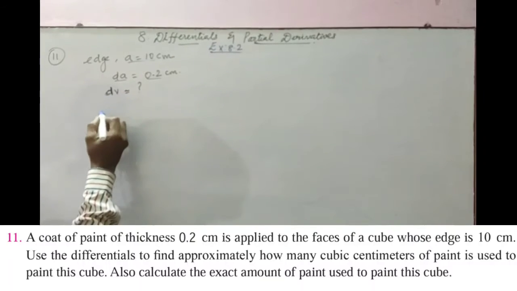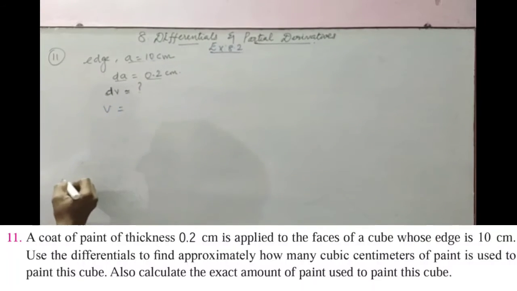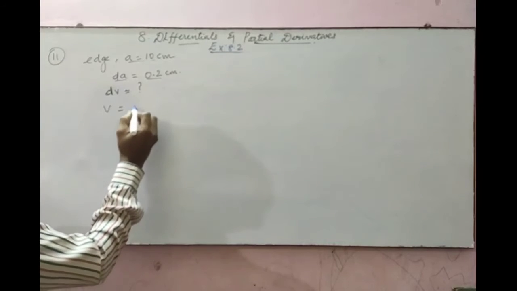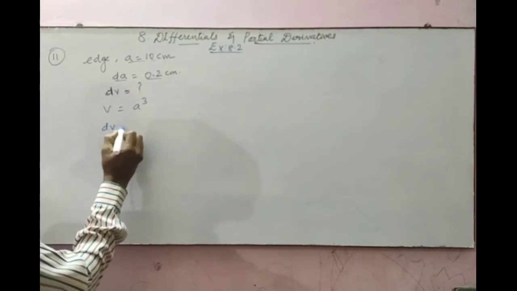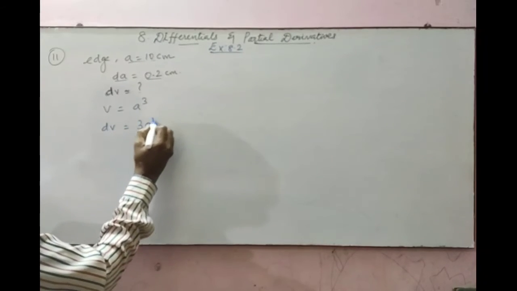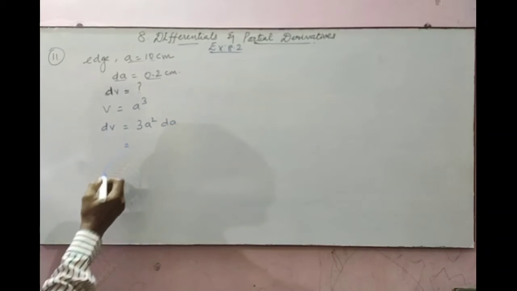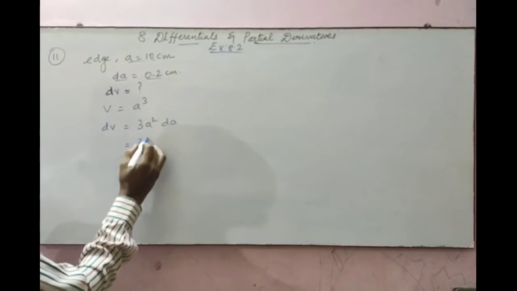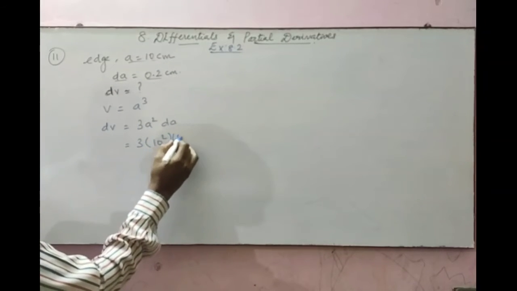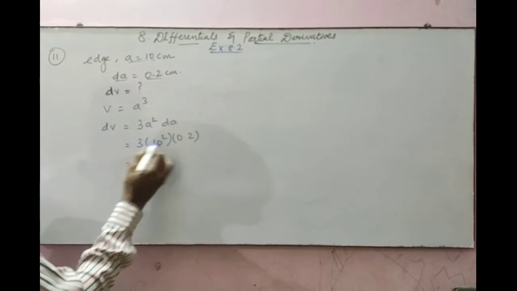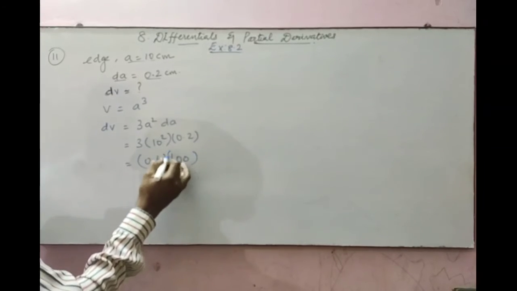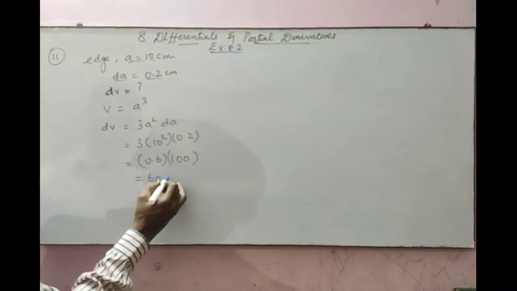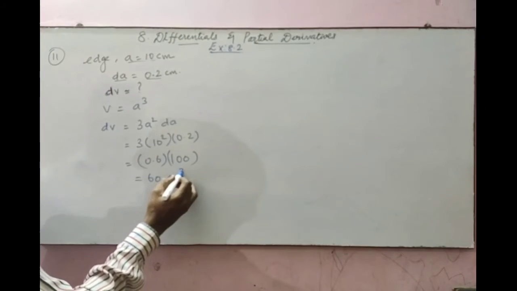So dV. We know the formula of cube is A cube. So V equal to A cube. If you differentiate this with respect to A, you will get 3A square into dA. Substitute the values of A and dA straight away. 3 into 10 square into 0.2. 3 into 0.2 gives 0.6 into 100. 100 into 0.6 gives 60 centimeter cube.